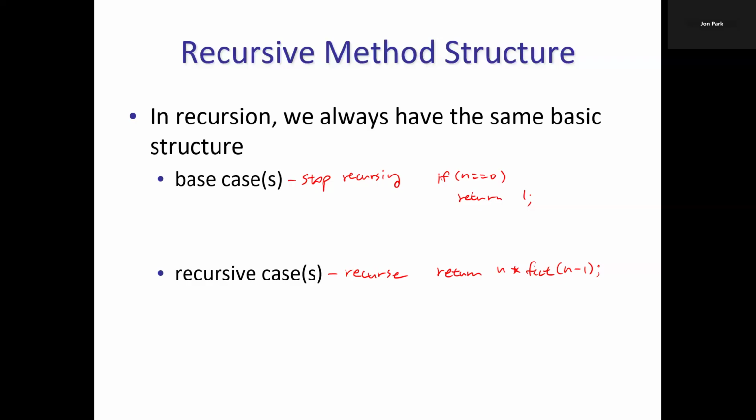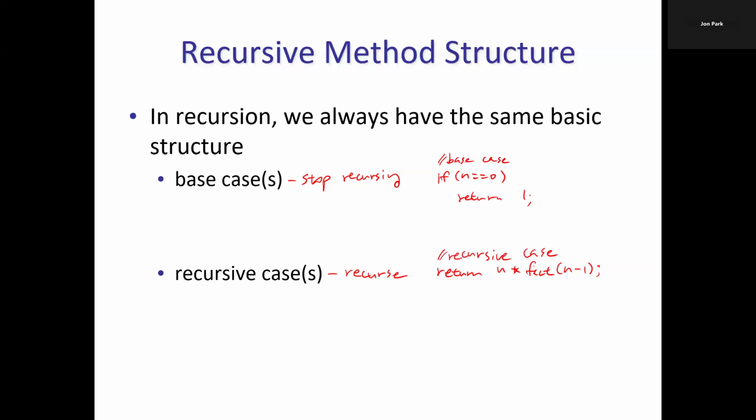So it's very clear when does it stop and how does it recurse. So you'll see me always commenting base case and then recursive case. In fact, that's how I start. Before I write the first line of code, I would start by commenting to remind myself that I need to have both of these.